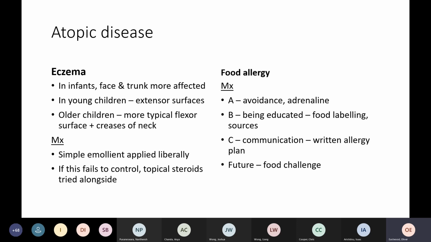And food allergy, I think the only thing you really need to know about it is the ABC acronym for its management. Just remember the sort of things you need to discuss with them and warn them about.